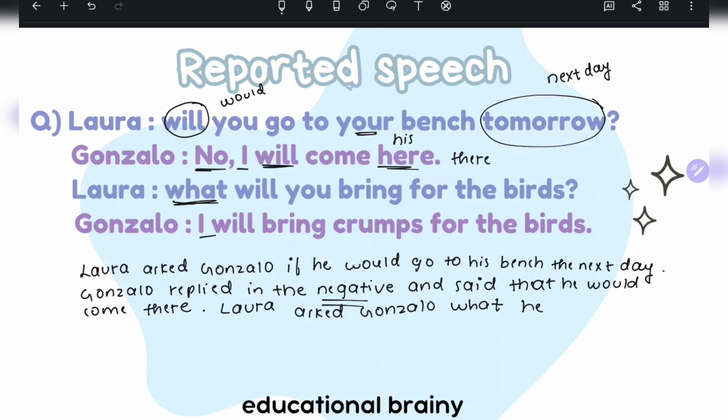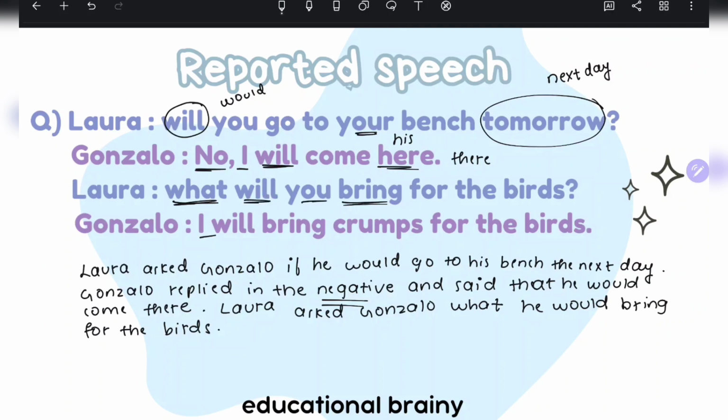He would; "will" changes to "would". He would bring. Let this be as it is. Bring for the birds. So "bring" stays as it is, "for the birds" as it is. What are you going to change? "What" also stays as it is. "Will" and "you" will be changed in the sentence.